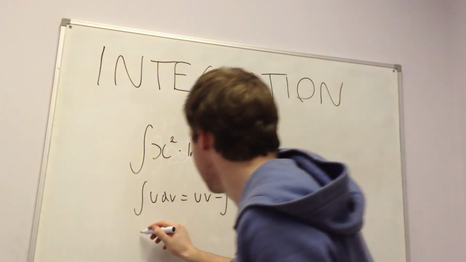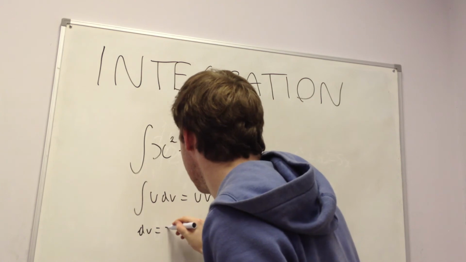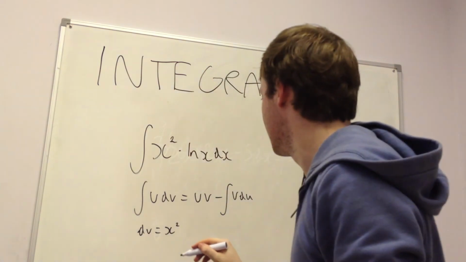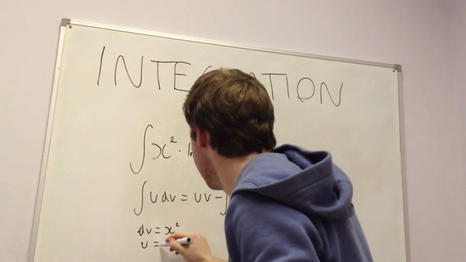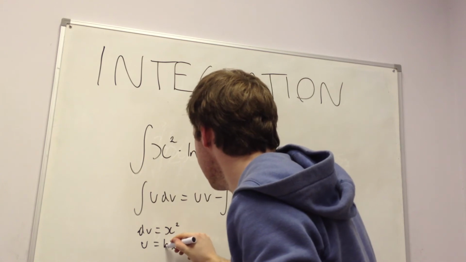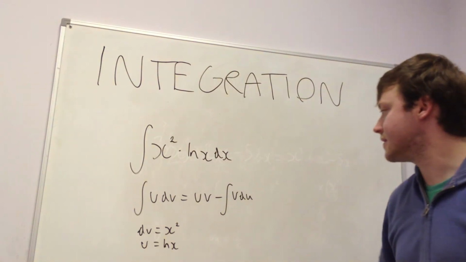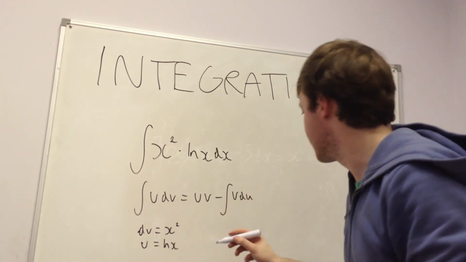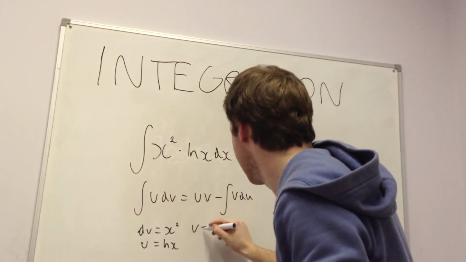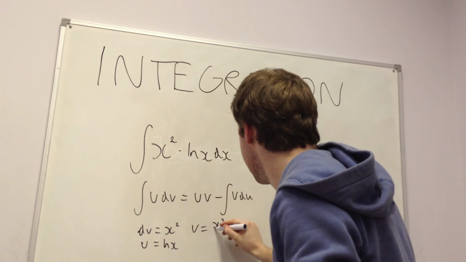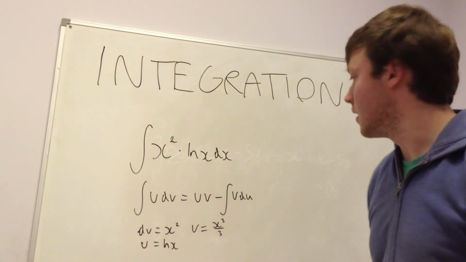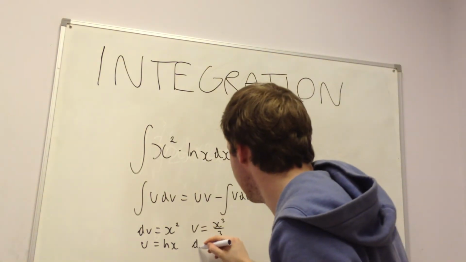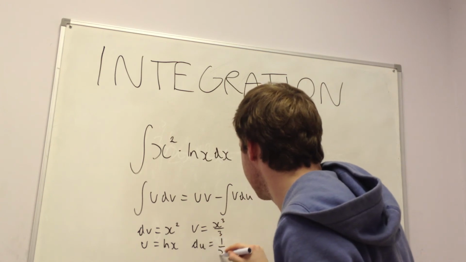So we say that dv is equal to x squared, and therefore u is equal to ln x. And then we can see that we're going to require v and du. So I can just work them out here. v is just x cubed over 3, and du is just 1 over x.